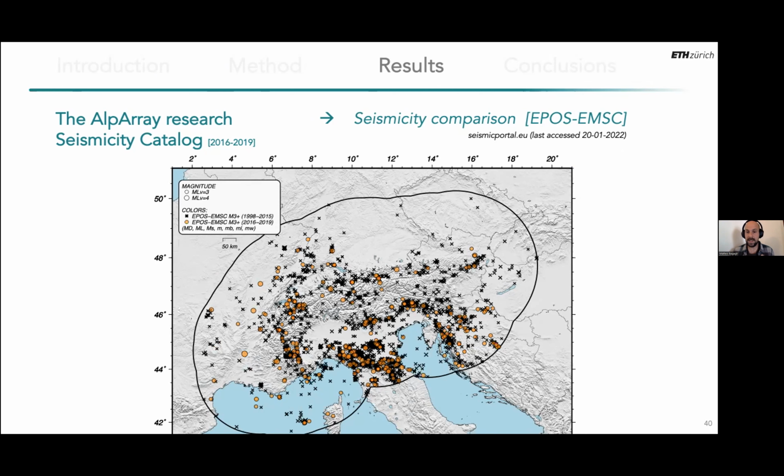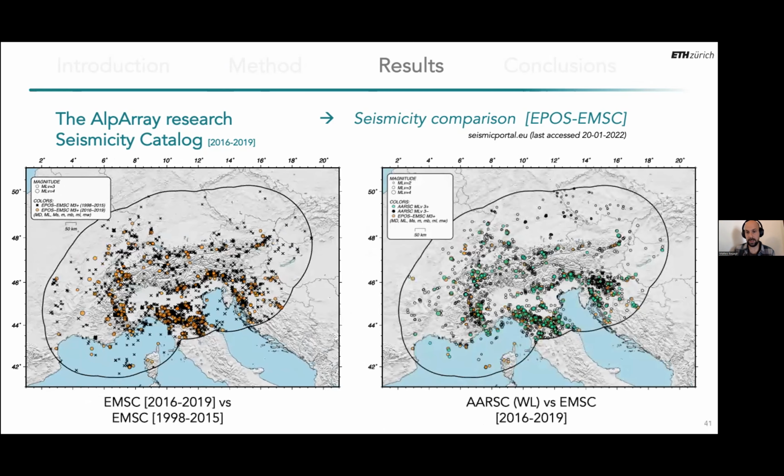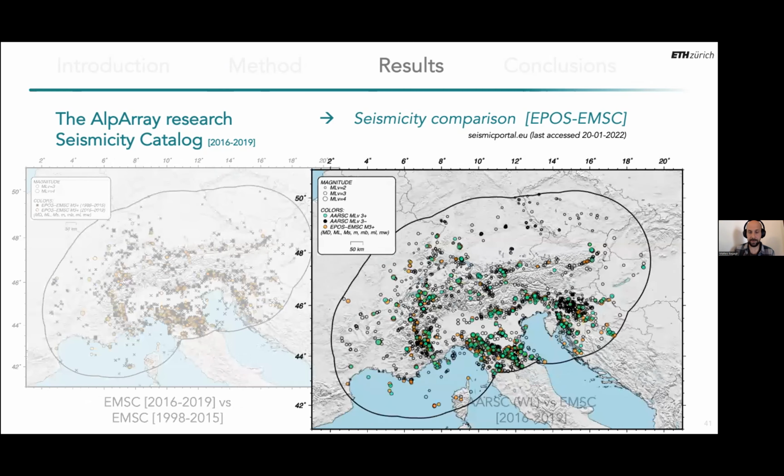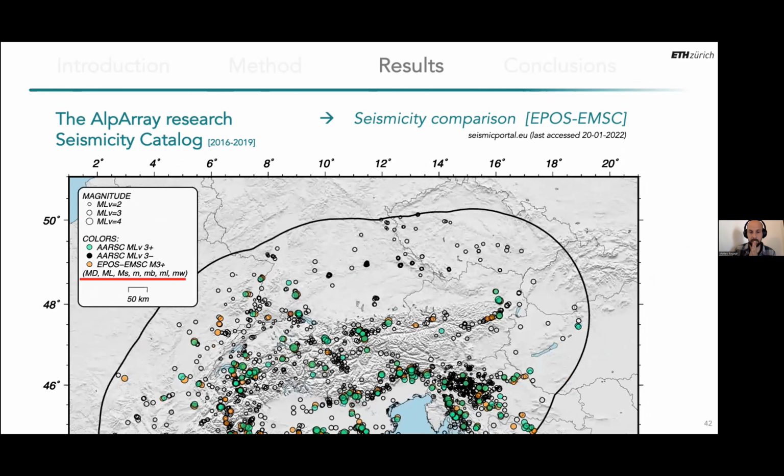And we can see that the major tectonic lineaments are more or less active throughout this 20-year period. And so what we did was to also compare the 4-year seismicity of our catalog, magnitude 3+, with the magnitude 3+ of EMC, still in orange circles. And we see that there is a nice correlation between these two.